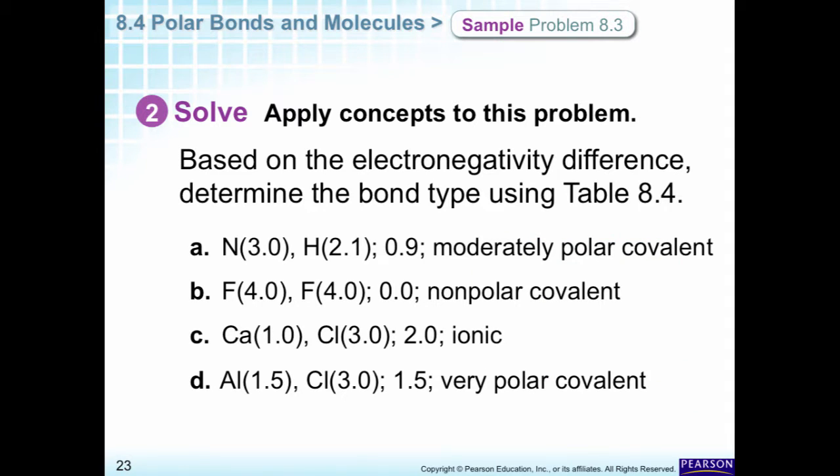All right, so we're saying, if we look at this, we're saying moderate polar covalent, nonpolar, ionic, very polar covalent. Now this is where I might disagree, okay, because we have a metal and a nonmetal. I would say that's highly likely to be ionic, but very polar covalent sometimes means things that are technically ionic.